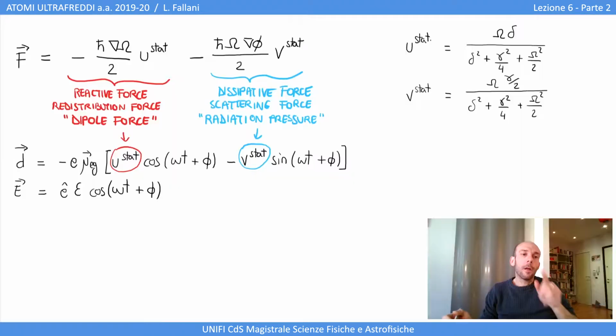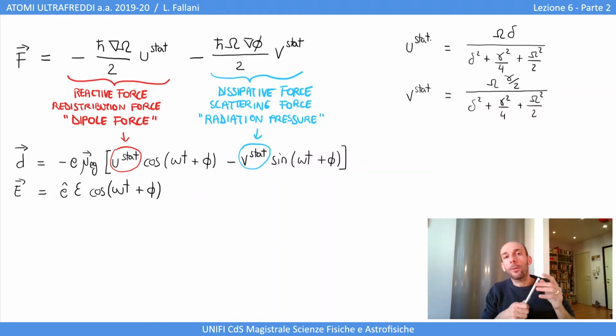So this is a summary of what we discussed in the last video. We derived the two contributions for the force. One is the dipole force and the other is the radiation pressure force.